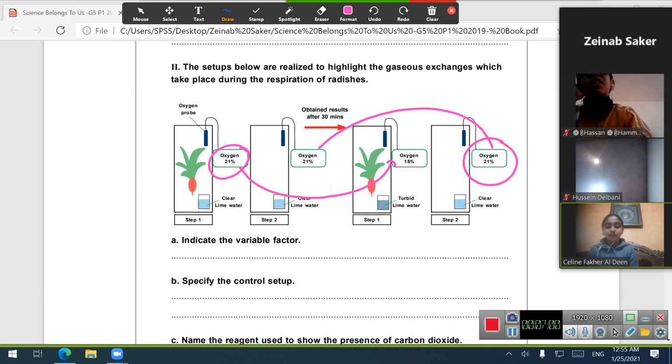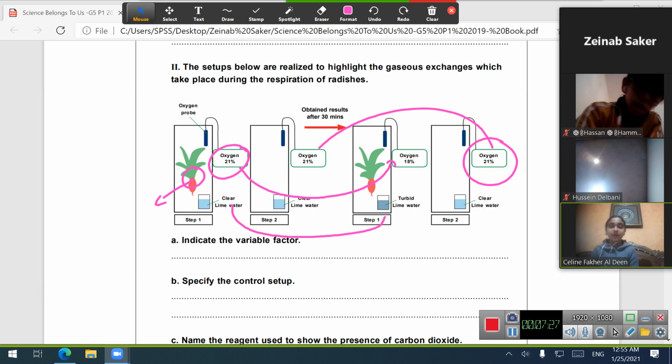Because we have a radish plant, and what does this radish plant make? It makes the lime water turbid. Why does the lime water become turbid? What process does this radish make in this case? Because the radish is respiring. Excellent Celine.